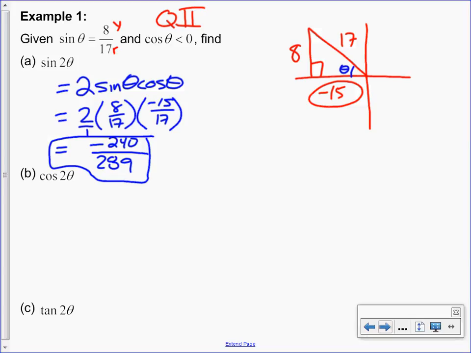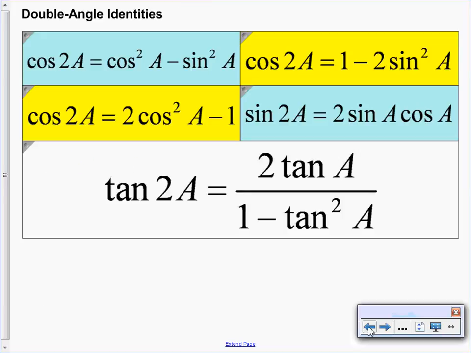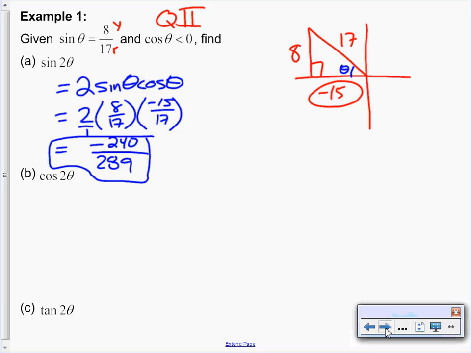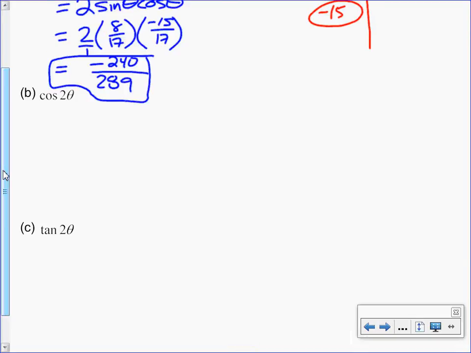Okay. Here we go. Anthony, what is your favorite version of cosine 2 theta? First, second, or third? You like the second one? I like it. So, for this next one, to find cosine of 2 theta, it doesn't matter if you pick this one, this one, or this one. So he wants to pick this one. Okay, that's fine. Well, first, cosine of 2 theta, one of the versions is 1 minus 2 sine squared. I'll go back.